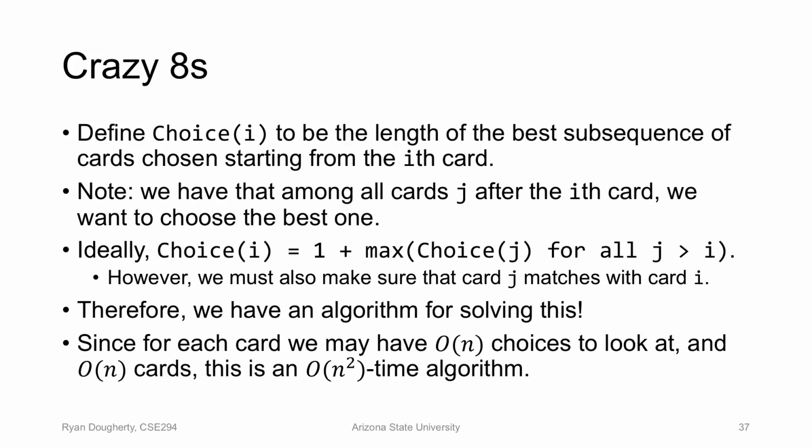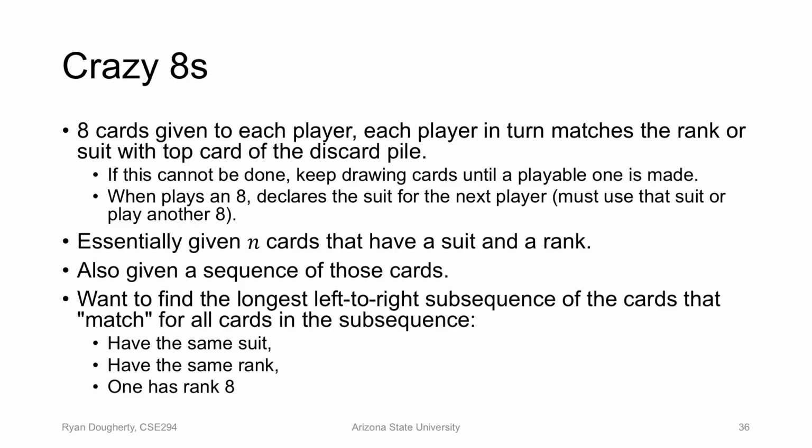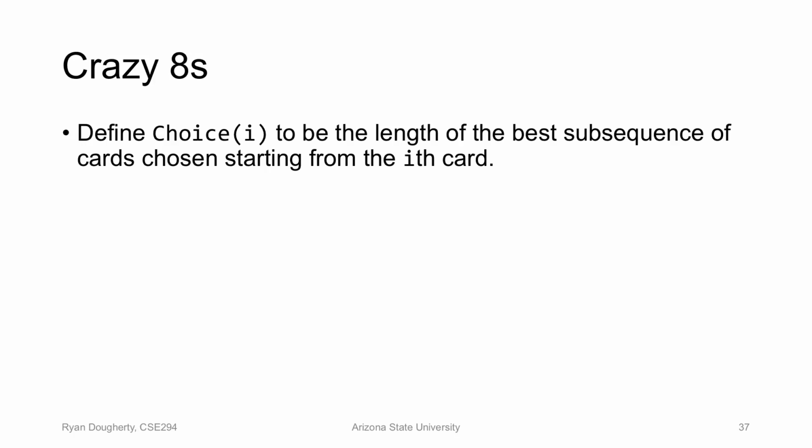If I read off the elements in there, I want to make sure that the properties are maintained: if I read off these choices in this subsequence, then each consecutive element has the same suit or the same rank. So the point here is that it's a subsequence, not a sublist. A sublist is different from this. Any other questions on Crazy 8s?